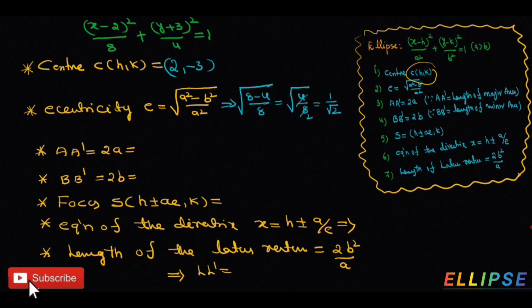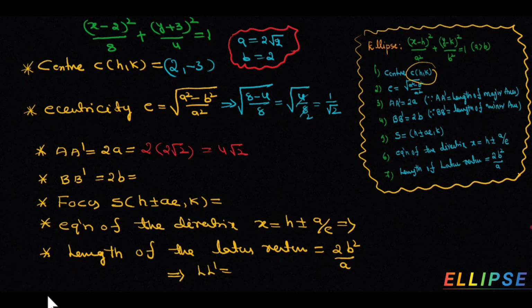The length of the major axis is 2a, that is 2 into root 8, which is 2 root 2, so 4 root 2. Next, the length of the minor axis is 2b, 2 into 2, which is 4.